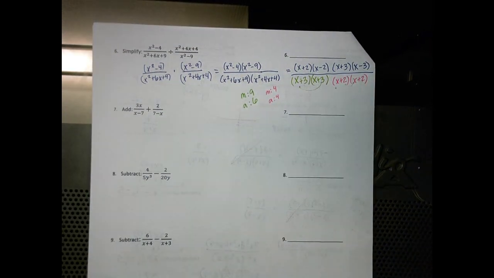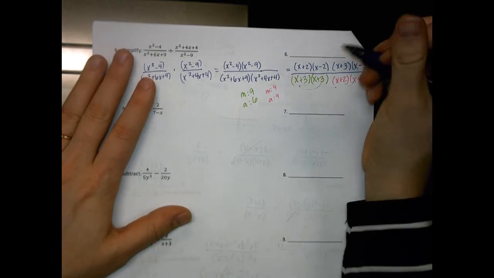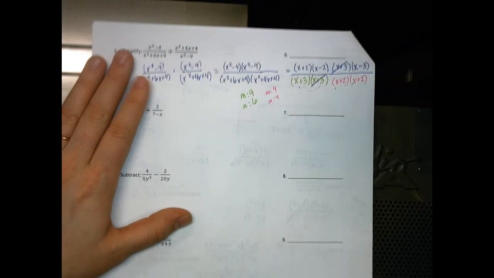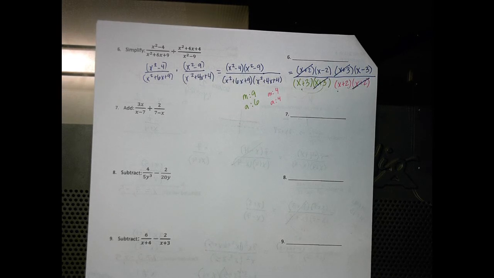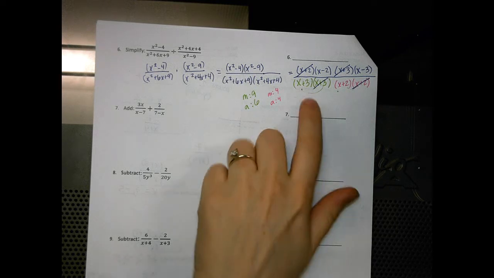All right. X plus 3 over x plus 3 reduces. X plus 2 over x plus 2 reduces. Can I factor out negatives from my numerator? No. So I saw some shaking of the head.